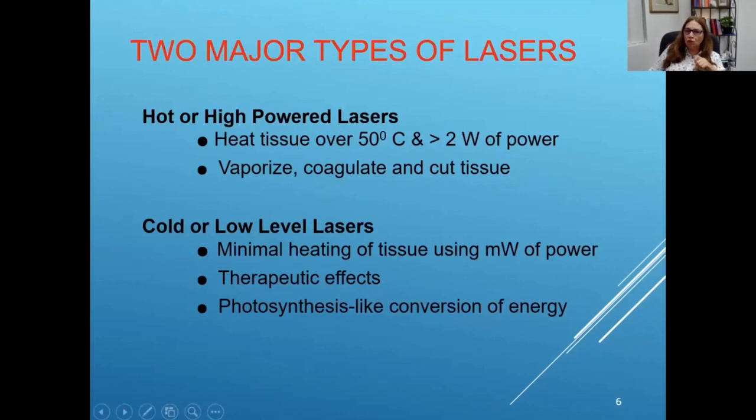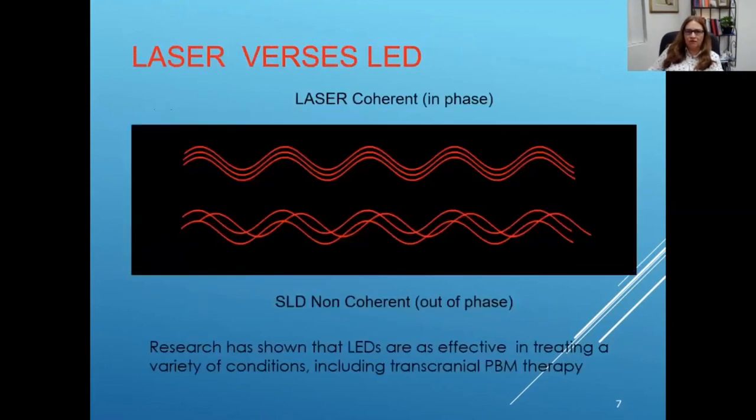Whereas a cold or low-level laser or light therapy is minimal heating, and we're talking about milliwatts of energy, and it has a therapeutic effect, not a surgical effect. Similar to photosynthesis as in plants, our cells are able to absorb that energy.